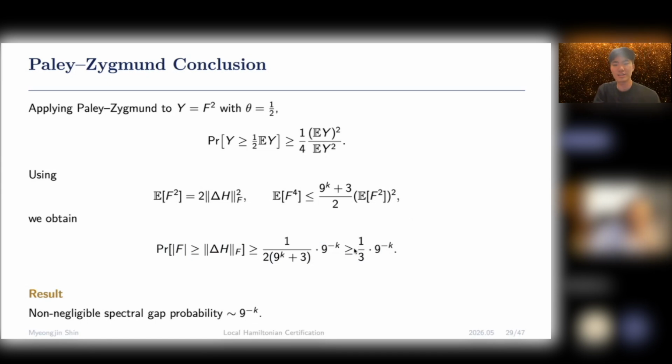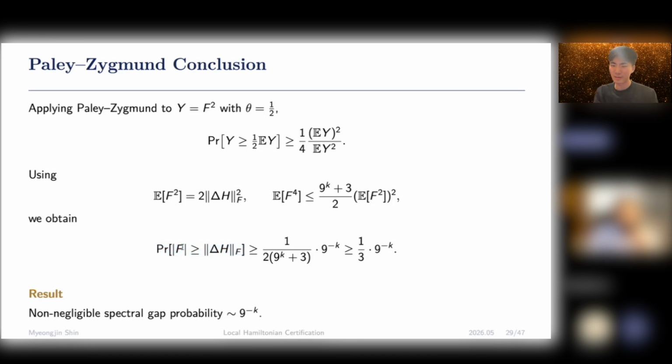And as you can see, this is the probability of getting the difference of the eigenvalues, which is f, bigger than the Frobenius norm of delta H. We assume that delta H and H0 are epsilon-far, so the Frobenius norm of delta H will be bigger or equal to epsilon.